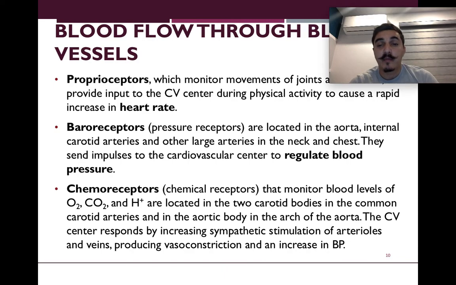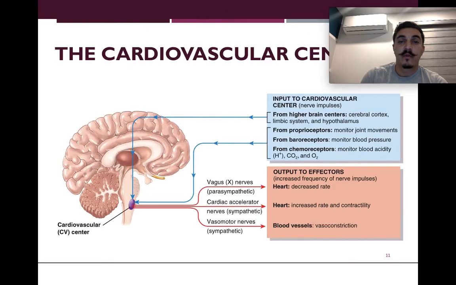And then the chemoreceptors monitor the levels of oxygen or CO2, and remember, if there's not enough oxygen being sent through, they've got to increase that blood flow to send more oxygen to where it needs to go. The CV center responds by increasing sympathetic stimulation, producing vasoconstriction, and increasing the blood pressure to make sure we send those oxygen molecules into those areas, tissues, or cells.